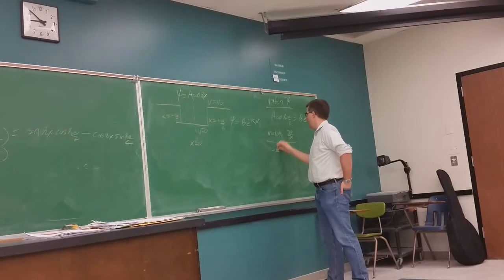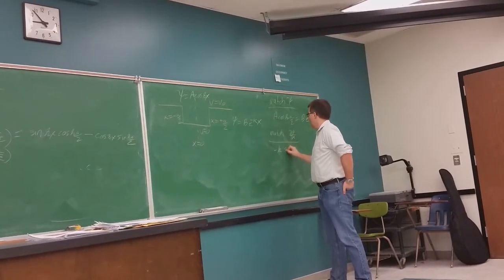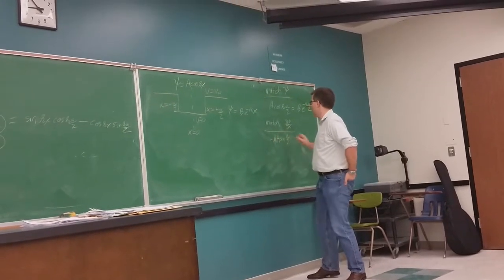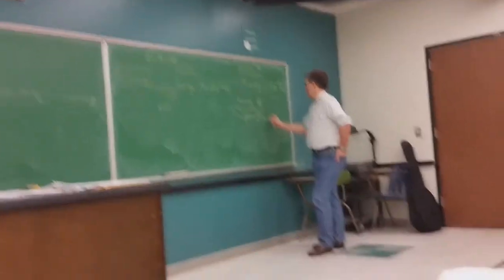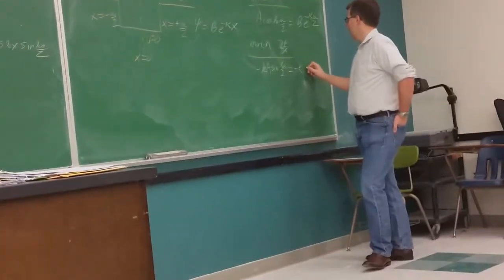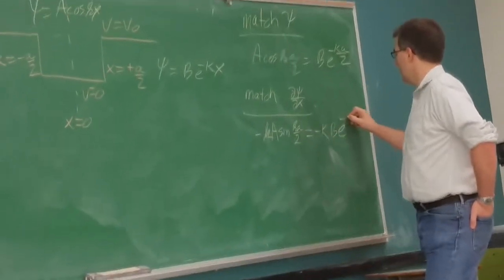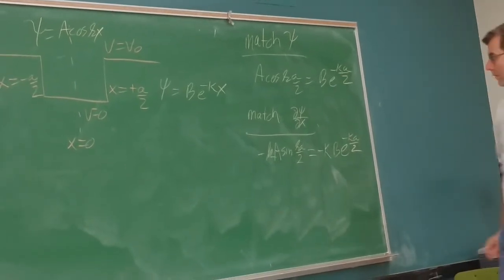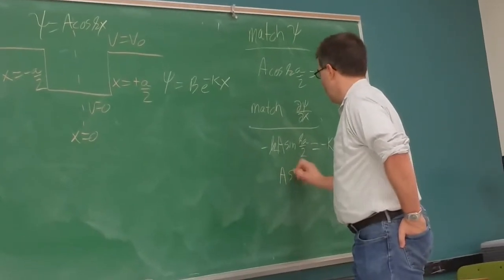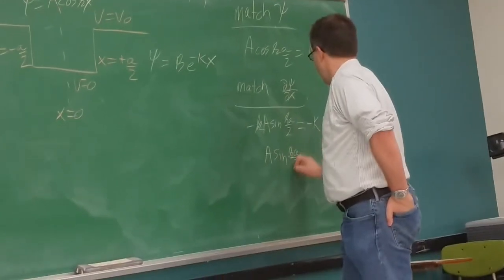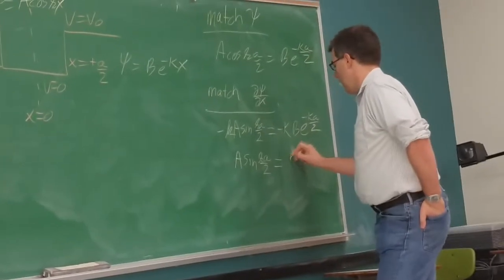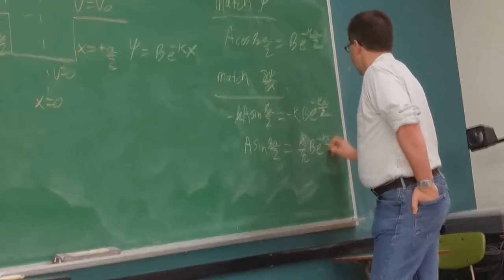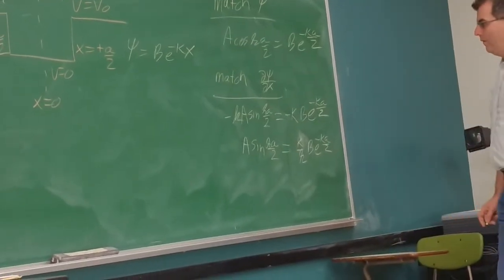So minus k, sorry, that should be minus k big A sine of ka over 2, is equal to minus kappa B e to the minus kappa a over 2. Or A sine of ka over 2 is kappa over k B e to the minus kappa a over 2.